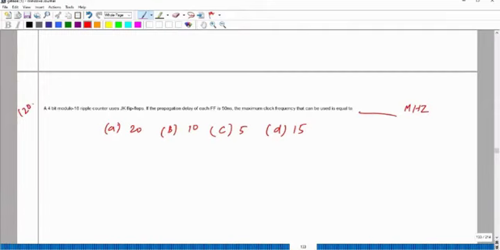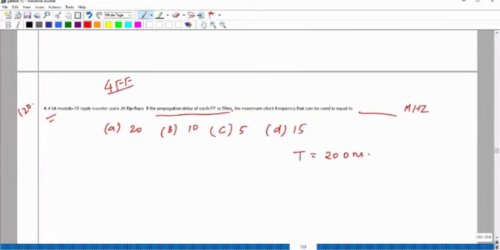See, this is exactly opposite to that modulo 1024 problem. They have given it is 4-bit. 4-bit means we require 4 flip-flops, right? 4 JK flip-flops. The propagation delay of each flip-flop is 50 nanoseconds. For 4 flip-flops, it is taking 200 nanoseconds.